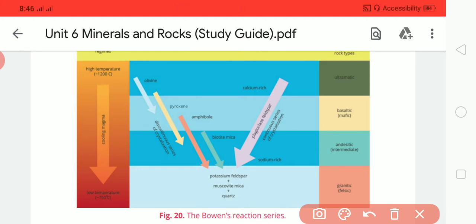Once the temperature is about 1200, and this is for the discontinuous branch, olivine forms.